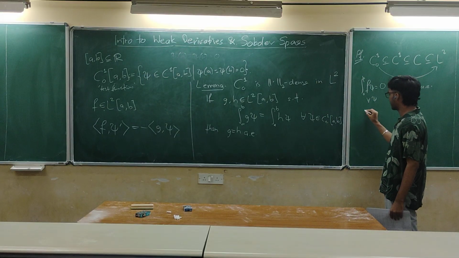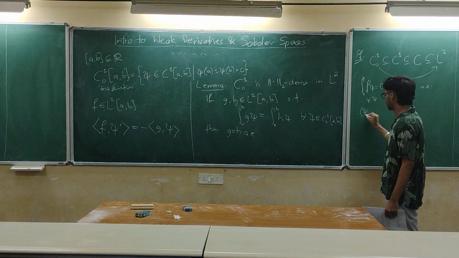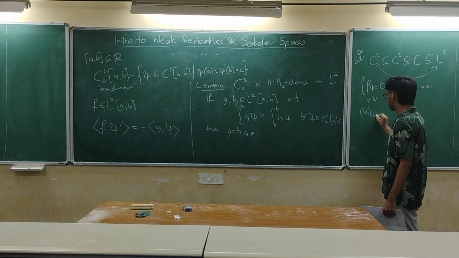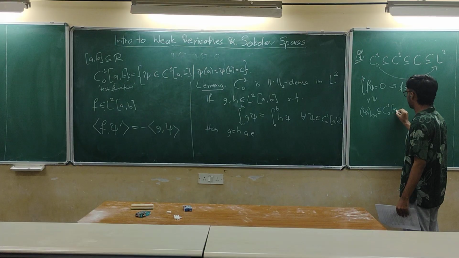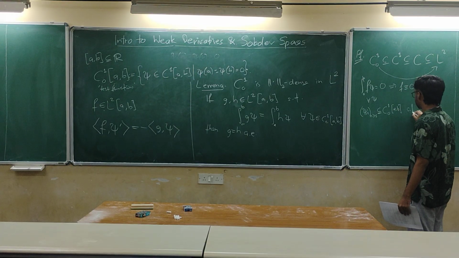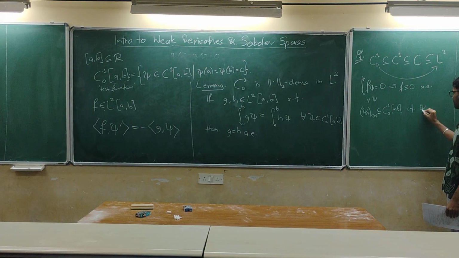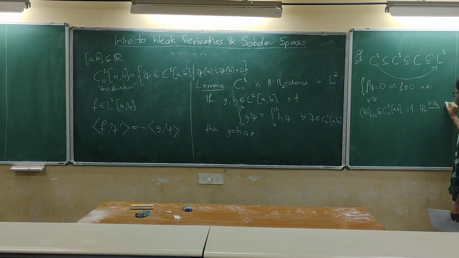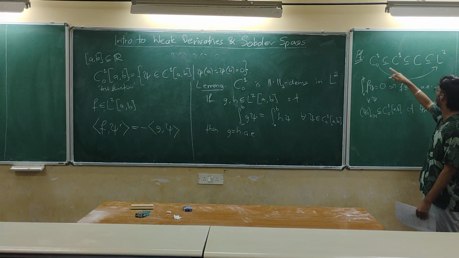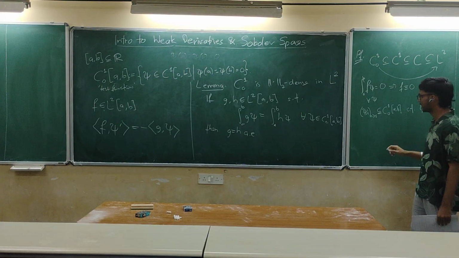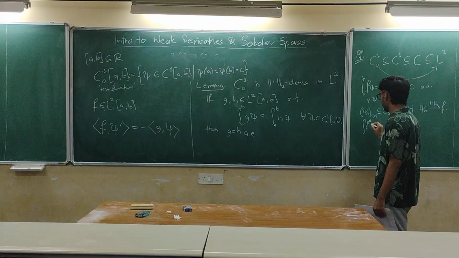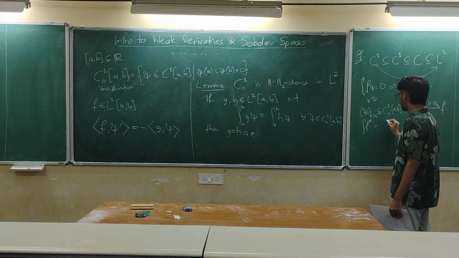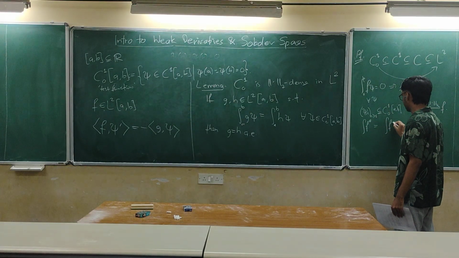So here I can take a sequence of test functions in C01 such that the test functions converge to f, since C01 is dense in L squared and f is in L squared. Then I simply have the integration of f squared as the limit of the integration of f psi_n.